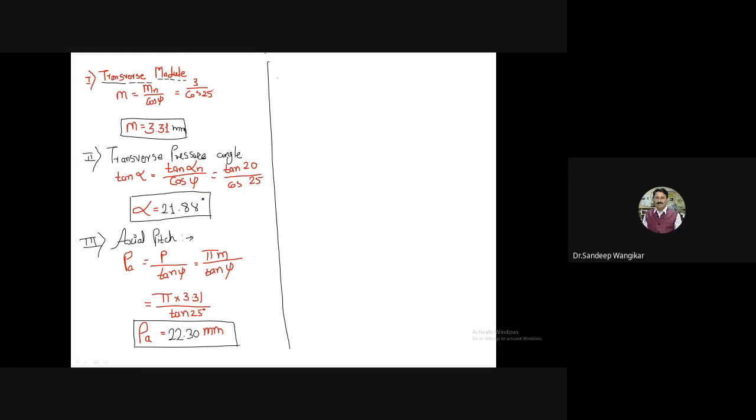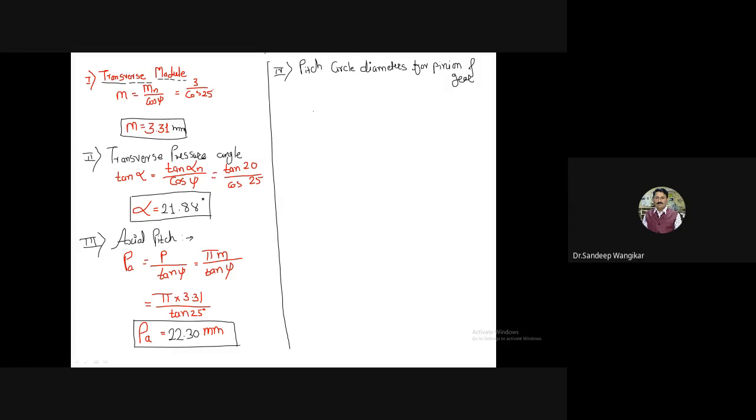Then next, pitch circle diameter for pinion and gear. What is the formula here?